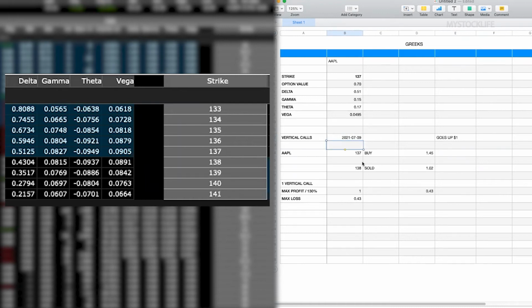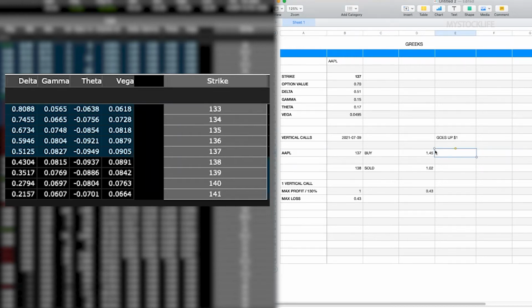There's still premium in the 138 call which you sold. Remember, if you want to exit the spread before the expiry, you're going to sell this and buy this back, and this is expensive, you still have to buy it back. So let's say from $1.45, can somebody tell me what the price of this will be? Let me test you guys.